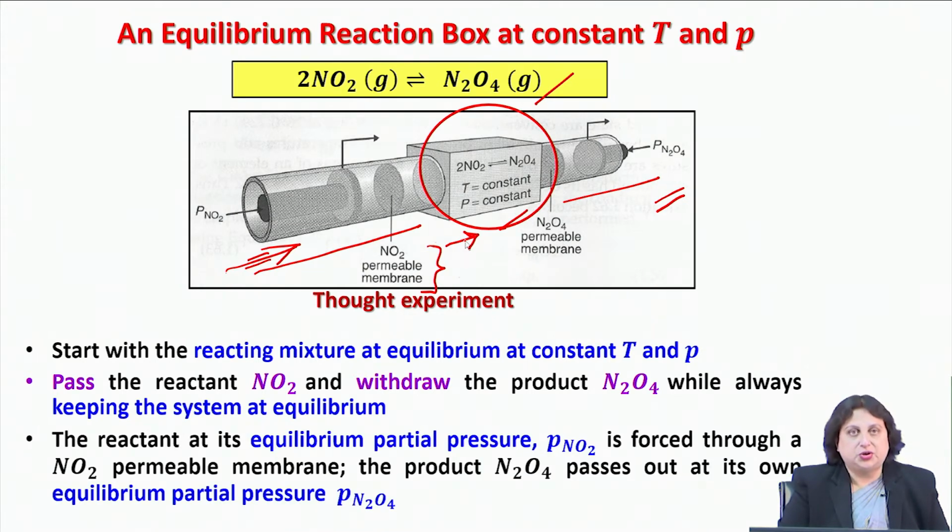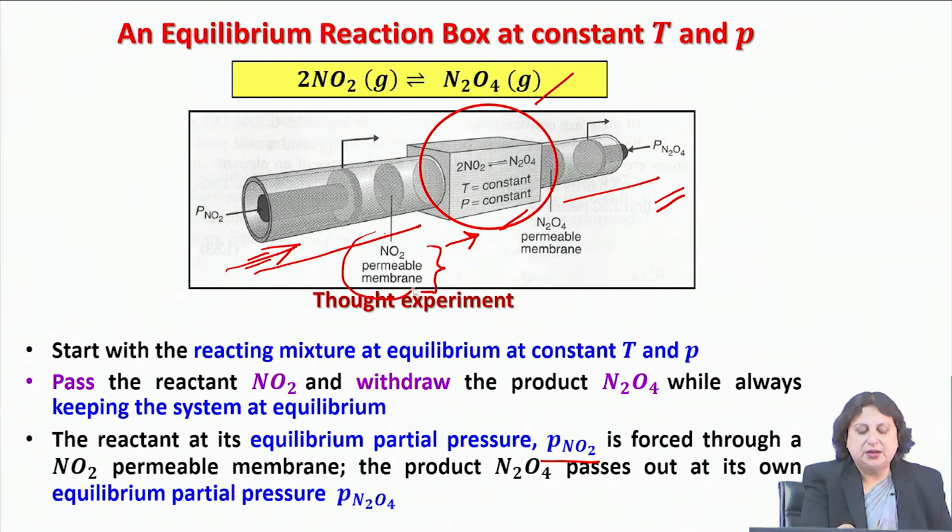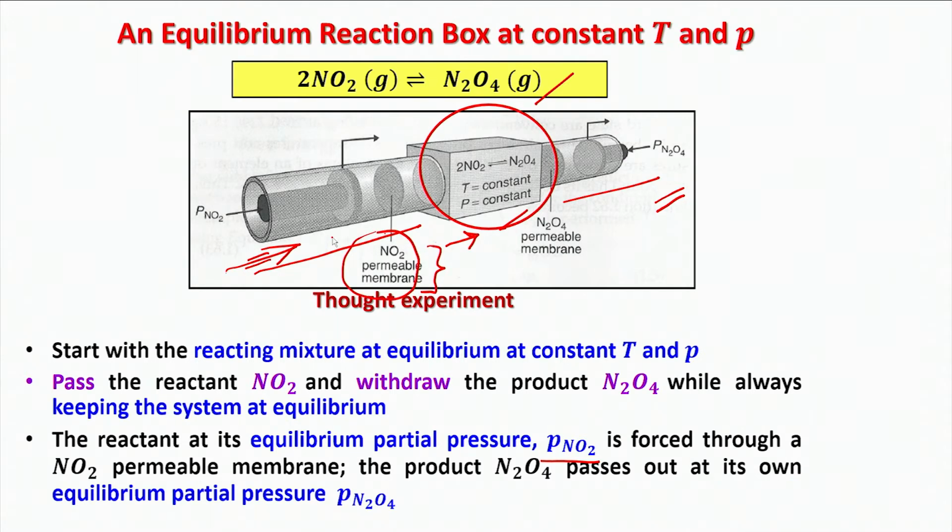Now, I will also make sure that the reactant will always be at its equilibrium partial pressure, P NO2, and it is at this partial pressure that it will be forced through this nitrogen dioxide permeable membrane. So while forcing, I'm going to use a piston on this side to force the nitrogen dioxide gas through the nitrogen dioxide permeable membrane so that the desired amount of gas can enter the reaction box from the NO2 side.